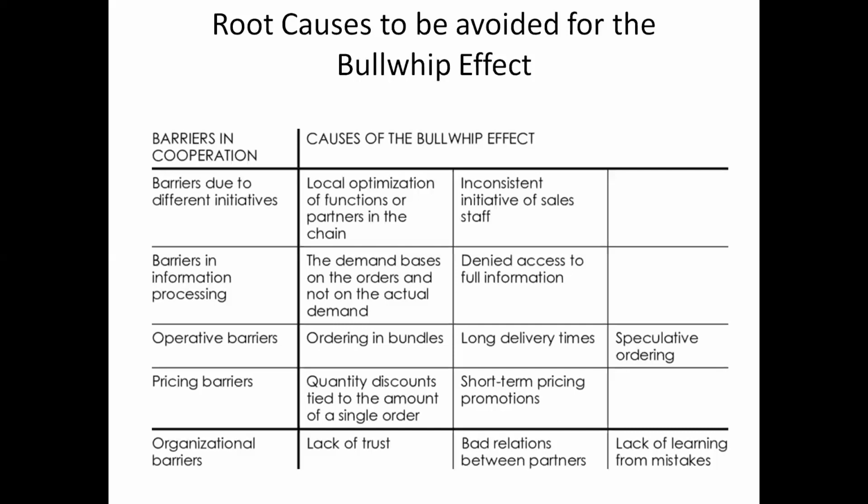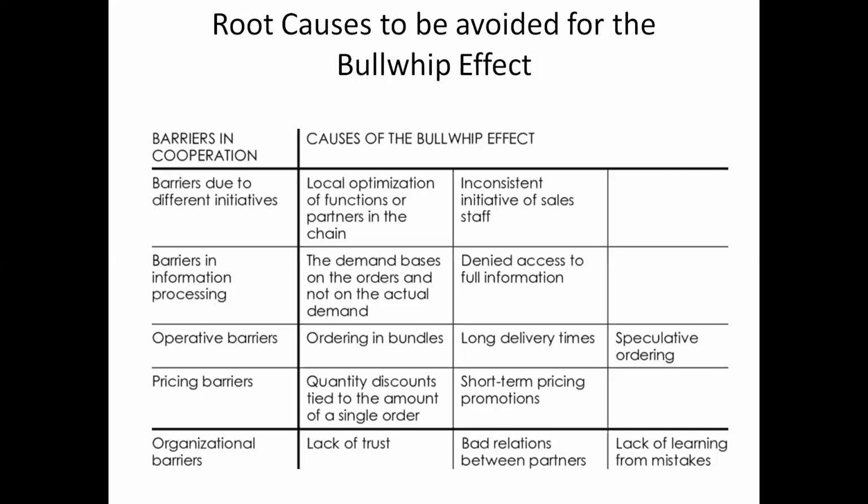Pricing barriers, sudden surge through discount and promotion and so on. And then organizational barriers, lack of trust. So you're just working in the dark, you don't know what to do because your clients are not going to share their sales forecast with you for a variety of reasons, obviously, to ensure that your competitors don't get that information from your suppliers.